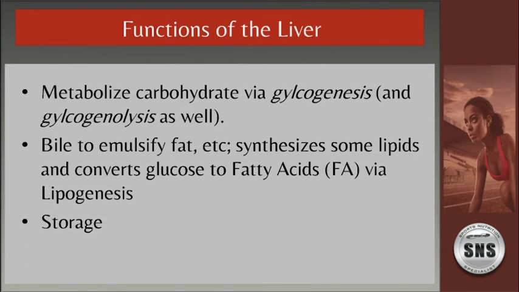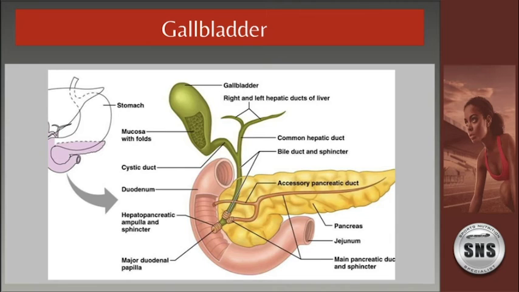Other functions of the liver include storage of glycogen, iron, and vitamins A, D, and B12. And we also know that the liver can detoxify harmful substances in the blood, and it also serves as a blood reservoir, containing about 7% of all total blood volume.